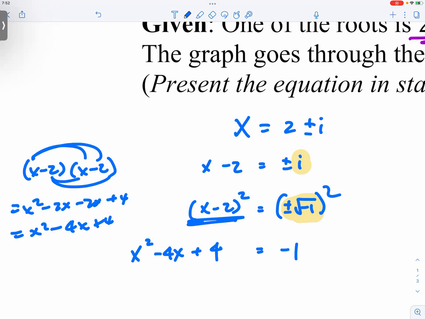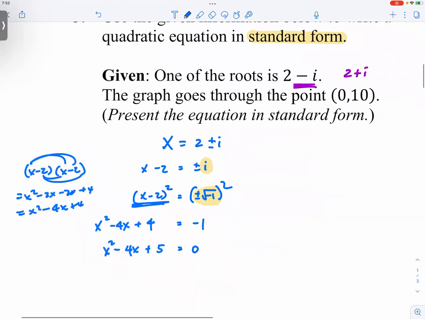And then we say, all right, let's go ahead and set it equal to 0 by adding 1 on both sides. So we'd say, hey, that's our standard form. But then we've got a problem. See if you can spot the problem here.